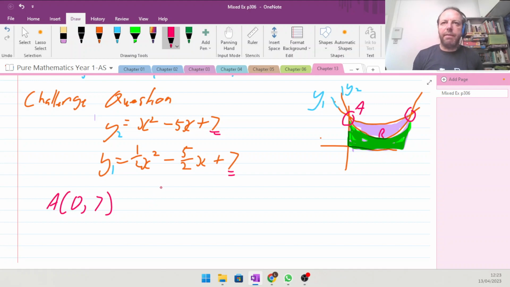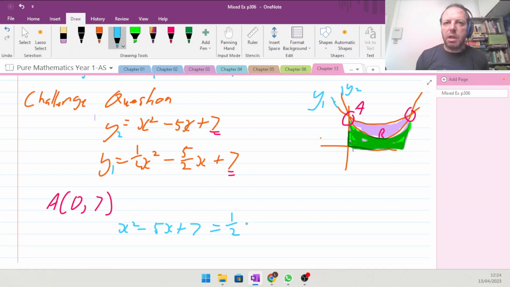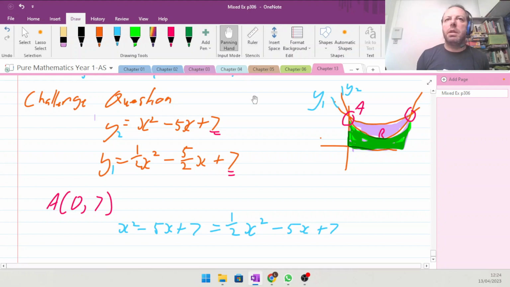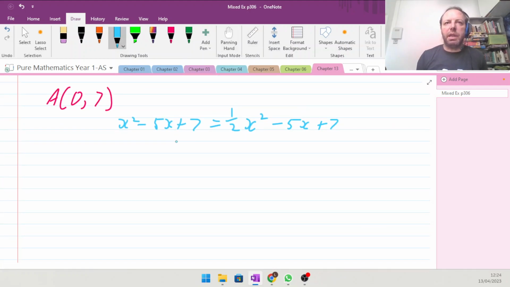The second one we need to quickly find. So pushing all of this together, when one is equal to the other, we're going to end up with x squared minus 5x plus 7 equals a half x squared minus 5x plus 7. Having a quick look at that, bring that over, we get a half x squared, bring that over, we get nothing equals 0. What's happened there?